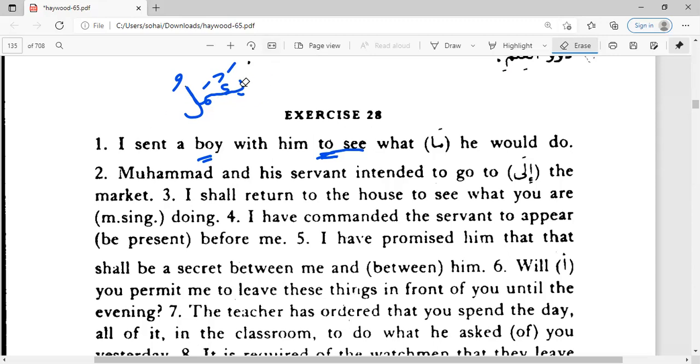Sudais. Yes, sir. You want number 2, please? Okay, let me see. Can you tell me intended?